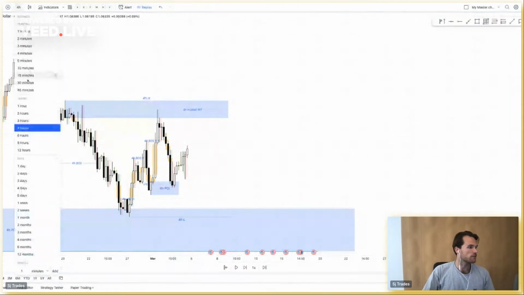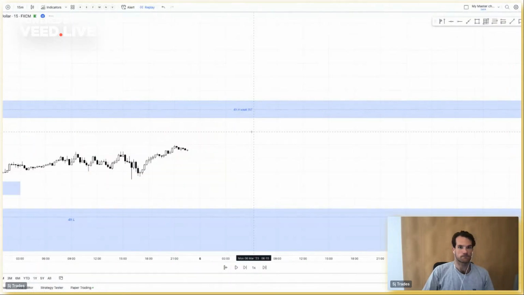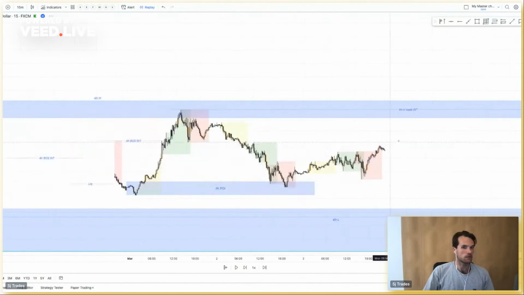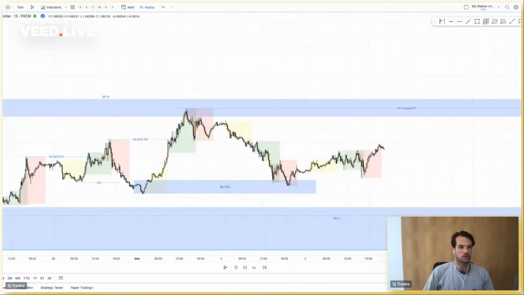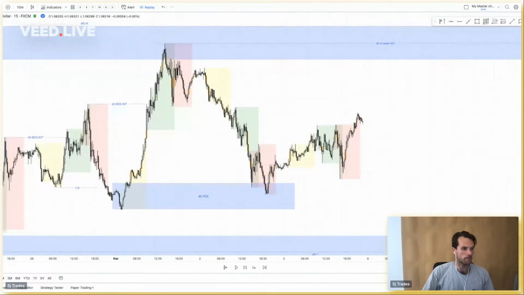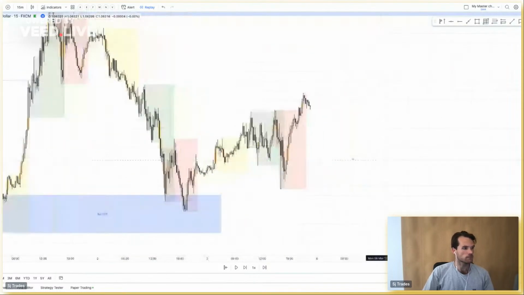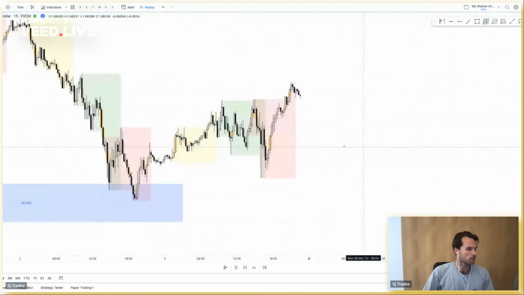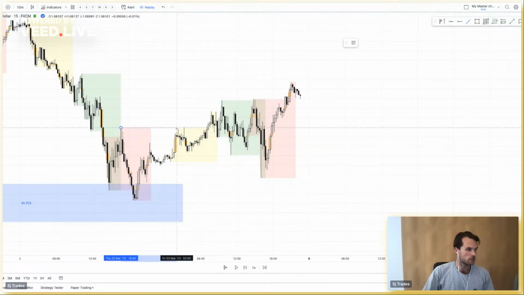Okay, now let's go on the 15. Break of structure. And we had, oh no, here it was.